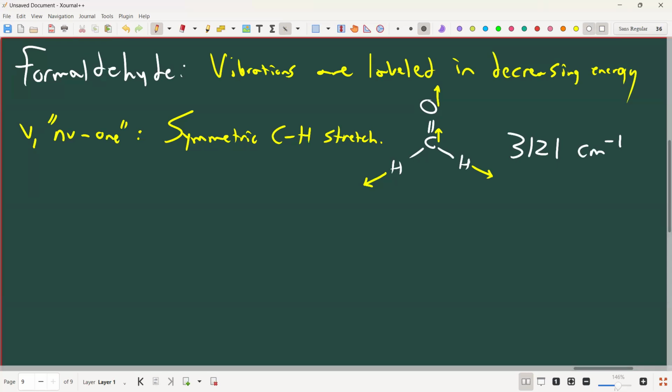That's why CH stretches tend to be the highest frequency vibrations: the reduced mass is small, mostly just the hydrogen. So the denominator, the reduced mass μ, is very small, while the force constants are typically pretty large. That's why, for instance, the OH stretch in water is about 3,600 wave numbers. There's very, very little mass.